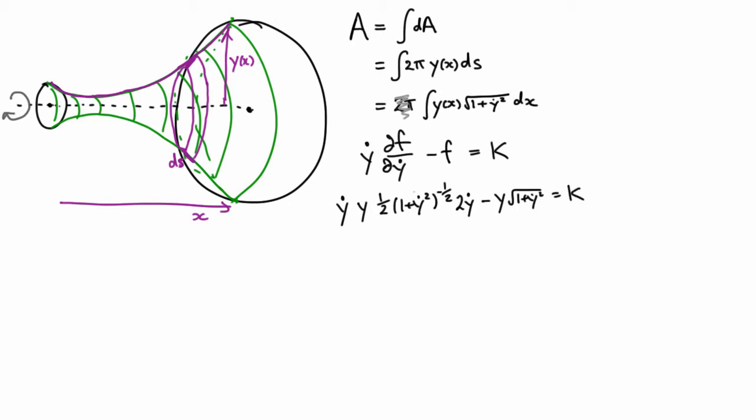Some of these cancel, and we end up with y dot squared times y.